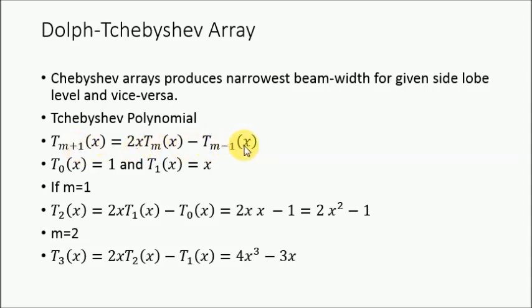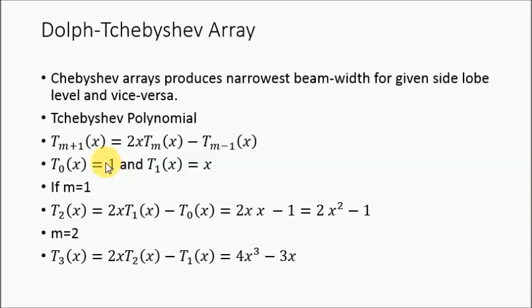I have adopted another formula, known as the difference formula, and using the recursive method we can easily calculate the Chebyshev polynomial. Suppose T0(x) is 1, because cos(m delta), if we put the values of m and delta, cos 0 is 1.